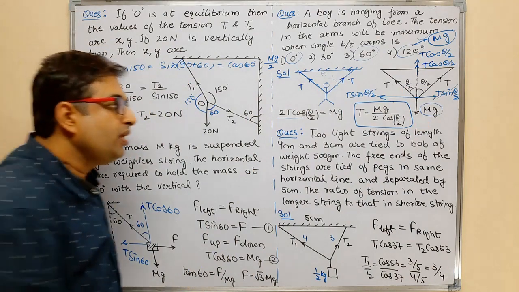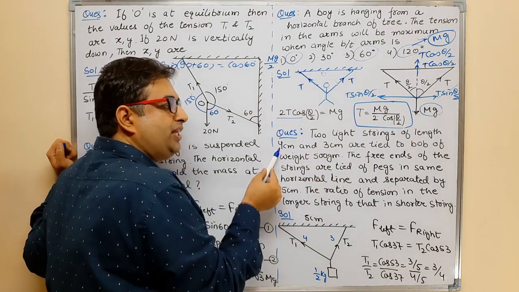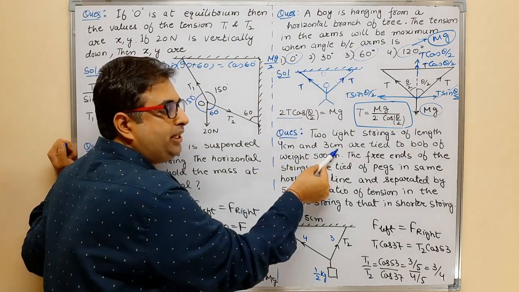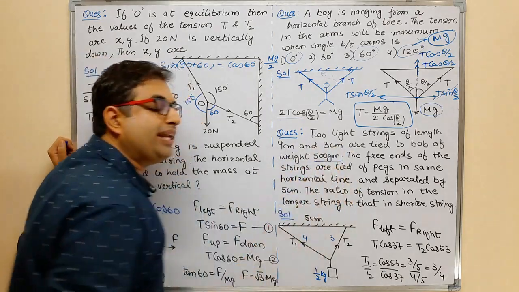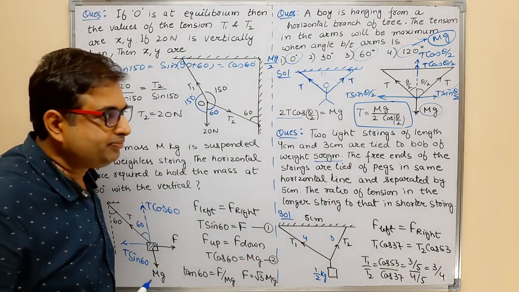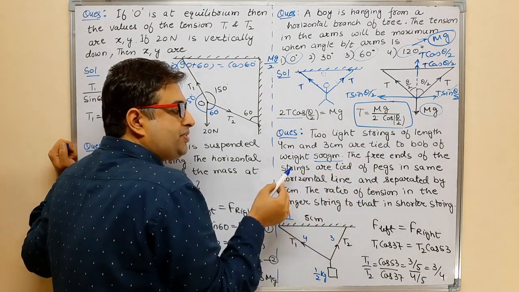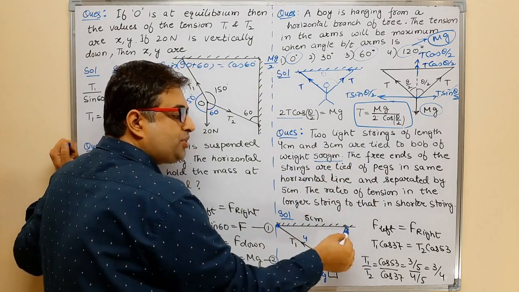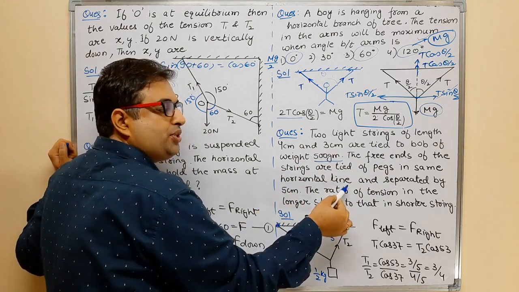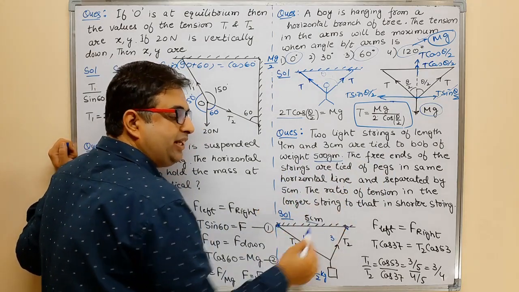Next problem. Two light strings of length 4 cm and 3 cm are tied to a bob of mass 500 gram, or you can say half kg. The free ends of the strings are tied to the pegs. These two are the hooks you can say, on the same horizontal line, separated by 5 cm.